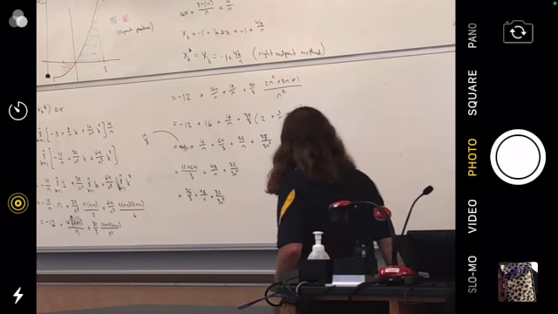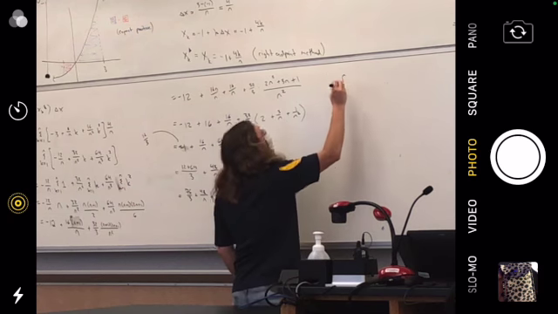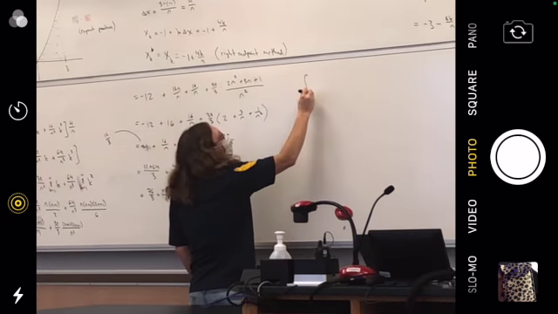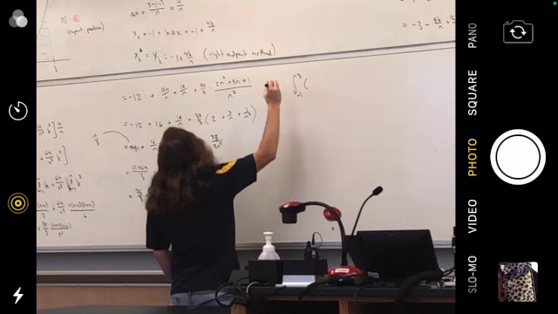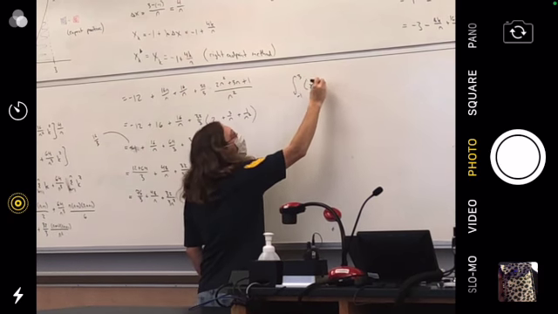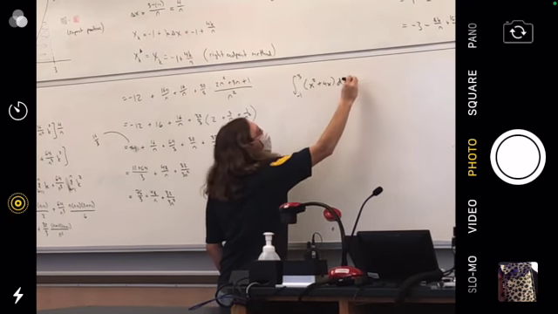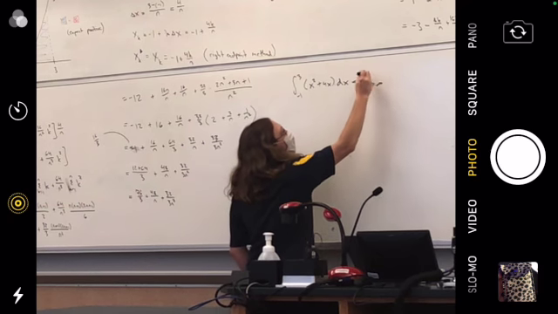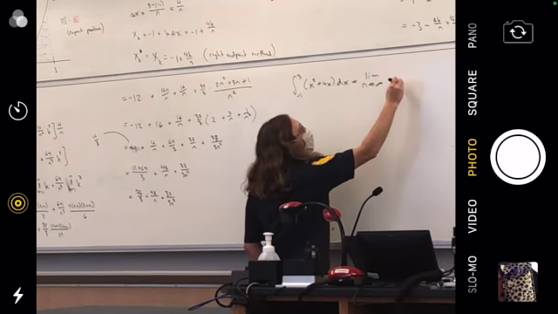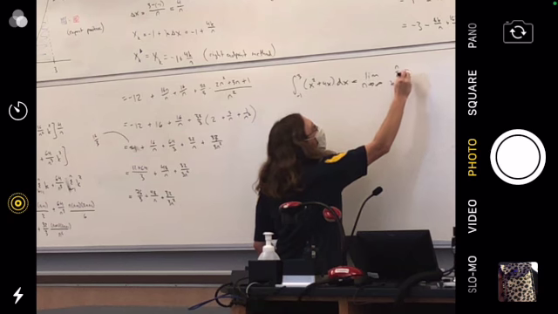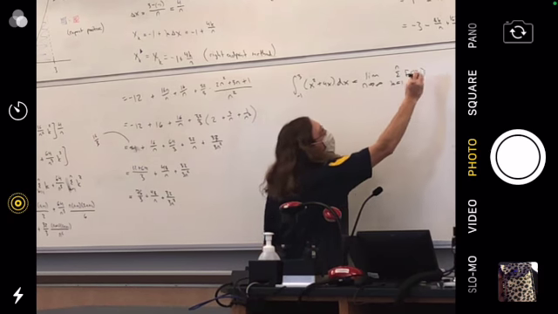So my goal is to find the limit. I wanted to find the integral from negative 1 to 3 of x squared plus 4x. And we said this is the same as the limit as n goes to infinity of this.